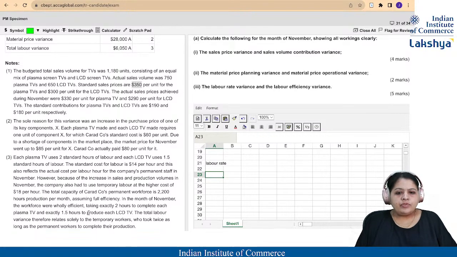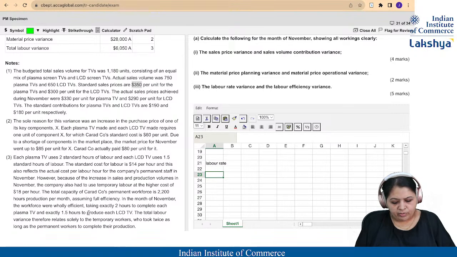The standard cost for labor is 14 and it reflects the actual cost. However, with the increase in sales and production volumes in November, the company also used temporary labor with a higher cost of $18 per hour. Right, so with this we have to calculate.